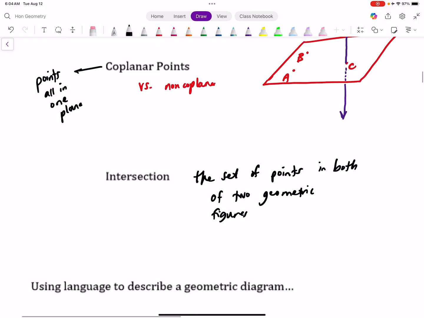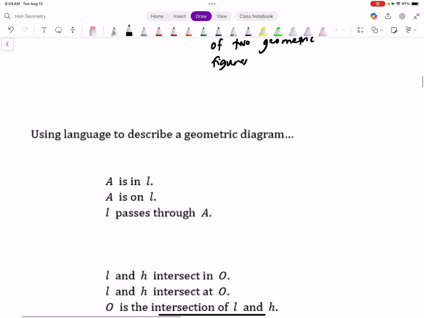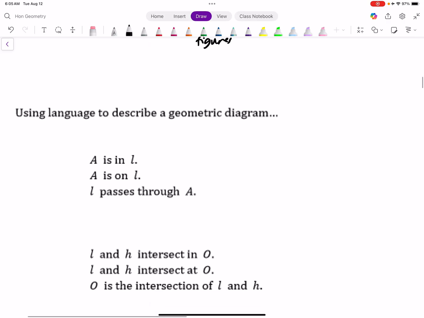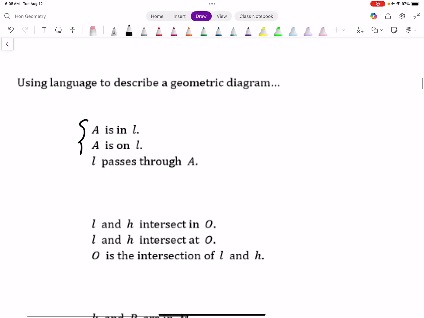All right, so when you talk about stuff, here's three ways of saying the same thing, and then we're going to draw a picture of it. So A is in line L. Oh, I'm putting stuff in there. So that would represent a line. This would represent a point.